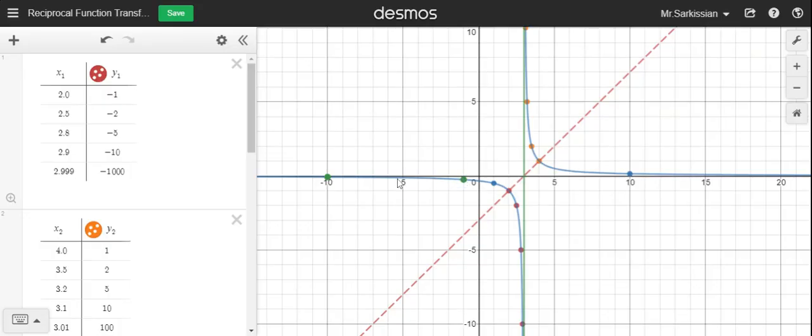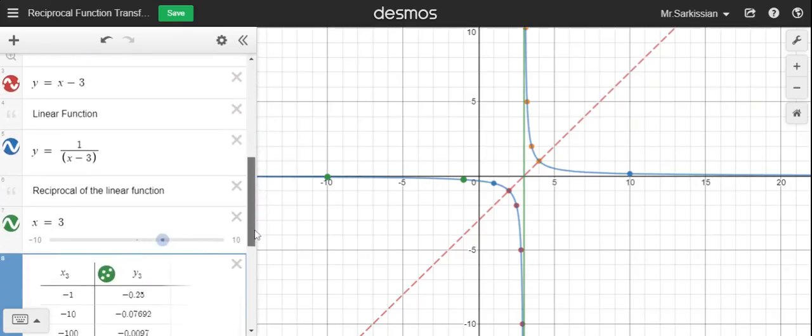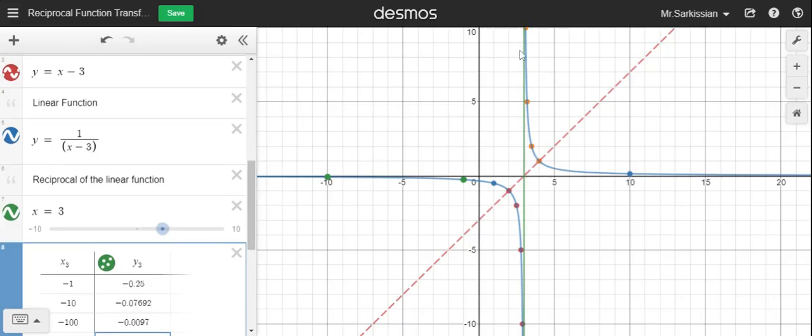So the range of the function is the set of all real numbers except 0. So y cannot equal 0. And as we said, the domain was the set of all real numbers except that x could not equal 3, which was the root of the denominator. The equations of the vertical and horizontal asymptotes are x equals 3 and y equals 0, respectively.